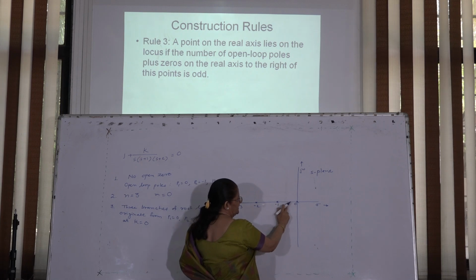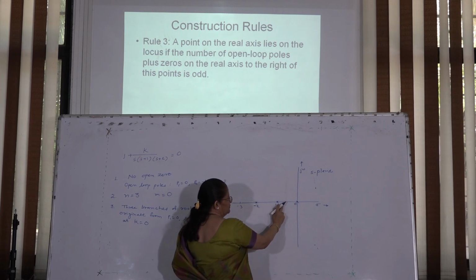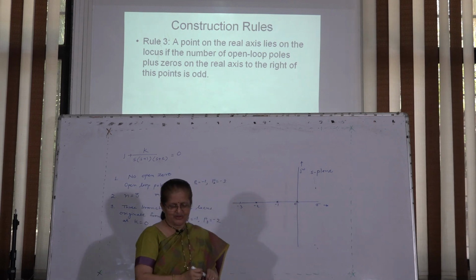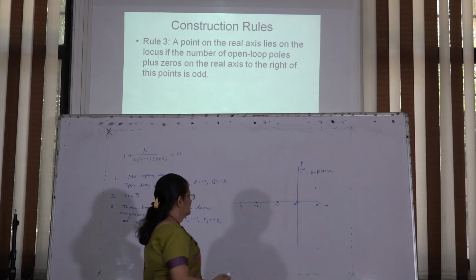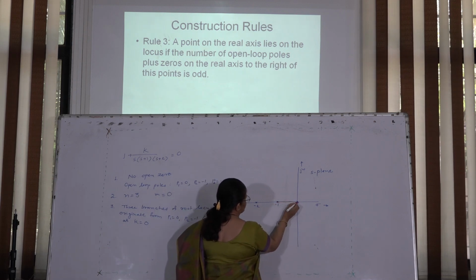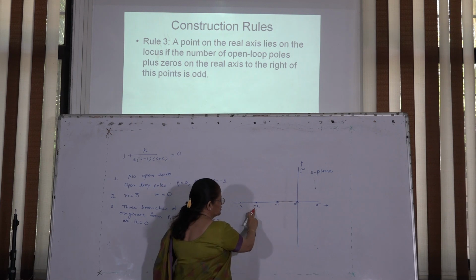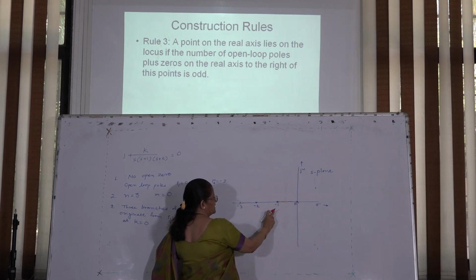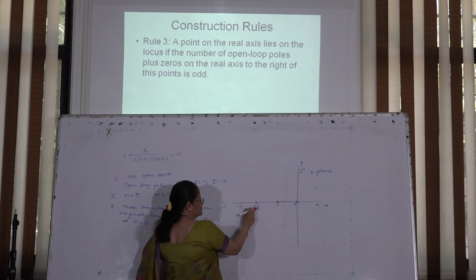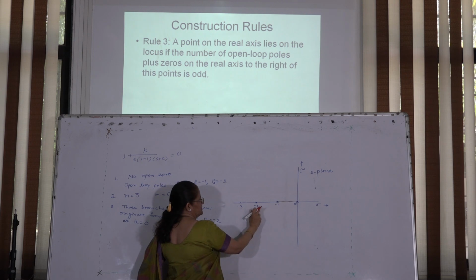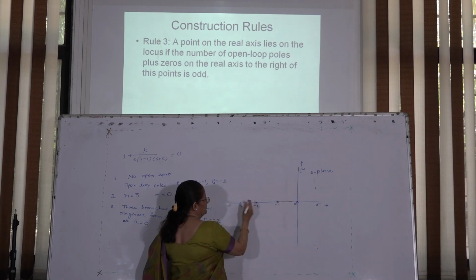Yes, because one pole is there, so the count is odd and it lies on the root locus. Minus 1 to minus 2: will it lie on the root locus? No, because 2 poles are there. Minus 2 to minus 3: will it lie on the root locus? Yes, because 3 poles are to the right side of that.